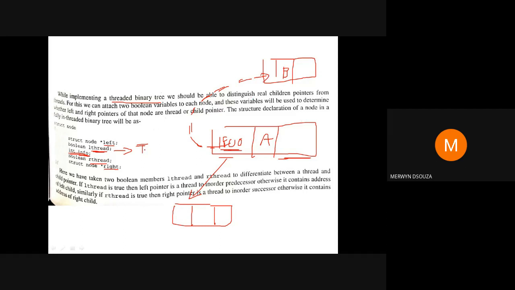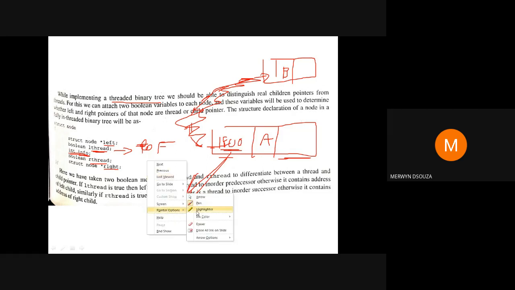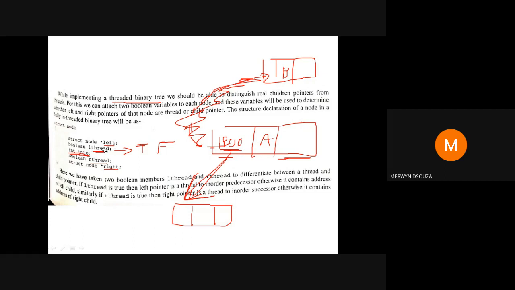If this L thread is false, that means this is not a pointer to the predecessor, but a pointer to the left child. The same thing applies to the R thread also.